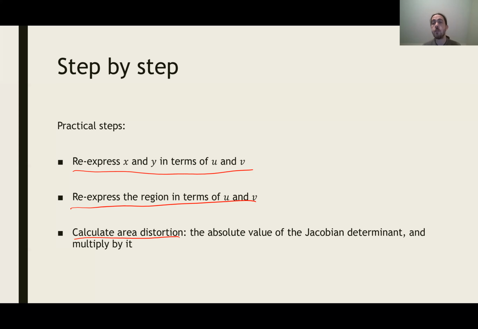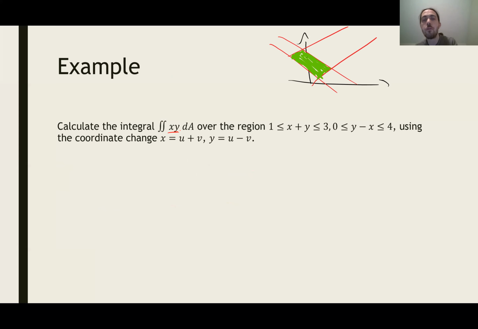So here's an example. We want to calculate the double integral of x times y with respect to area over a region 1 less than or equal to x plus y less than or equal to 3, 0 less than or equal to y minus x less than or equal to 4, using a particular coordinate change that I discussed in the last lecture that changes diagonal lines into nice coordinate lines. So here's a picture of this region up top.